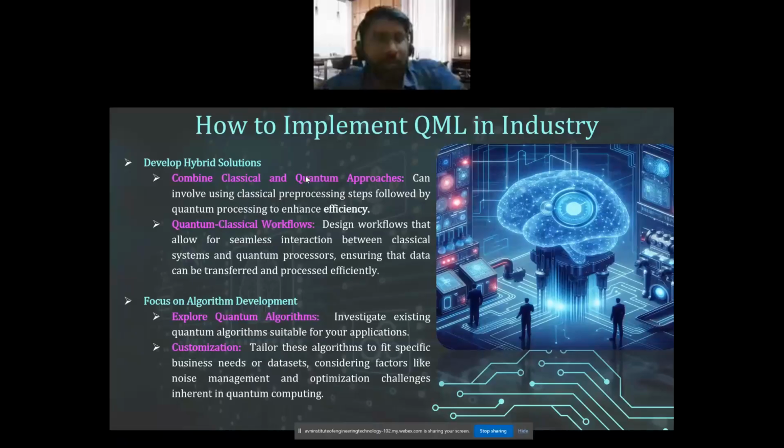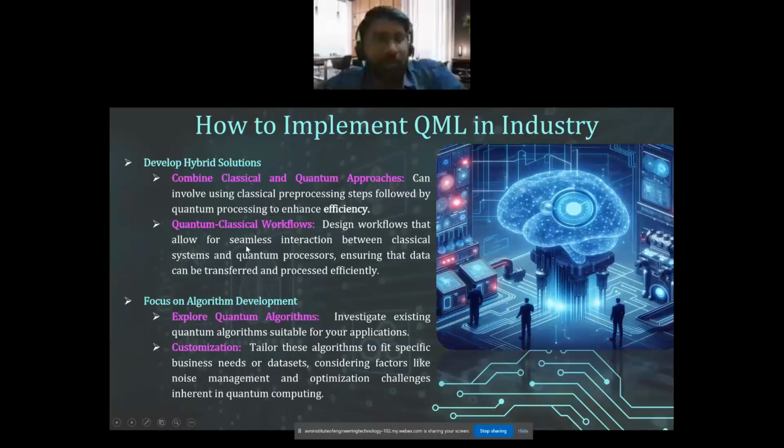Through that seamless interaction, the transition will be very quick, and we can achieve efficient processing between the quantum and classical. So with hybrid solutions, these two different approaches will help to implement quantum machine learning.